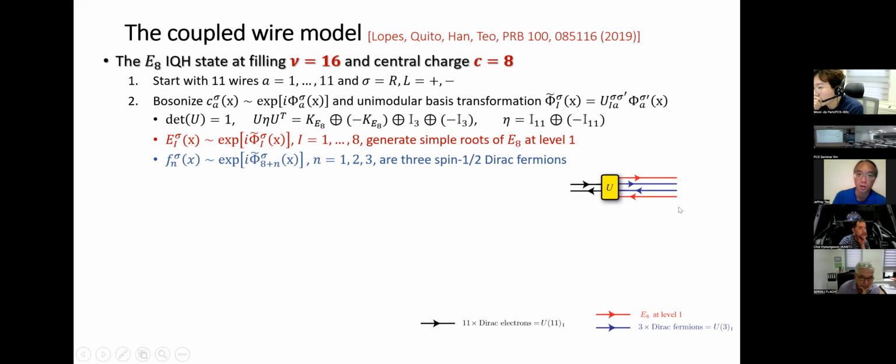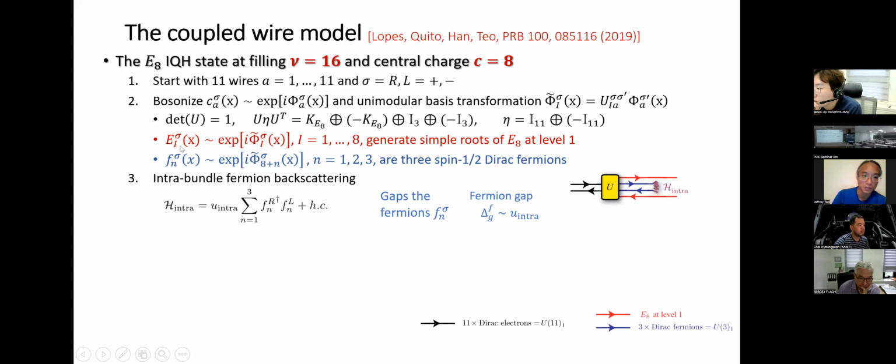The details are not very important, but there exists some unimodular basis transformation U. What unimodular means is just that U has integer entries, and the determinant of U is 1 or minus 1. If you perform such a construction, then basically what it does is it separates the 11 electron channels into the E8 sector and 3 additional fermion sectors.